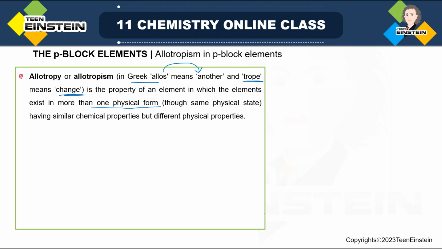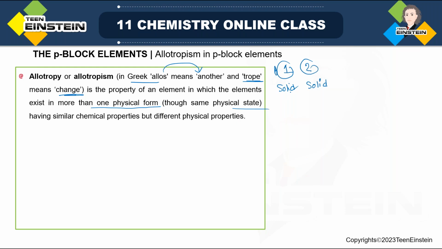Now when I'm saying physical form, it may be through the same physical state. Suppose both physical forms are in solid state. Allotrope 1, allotrope 2, this is solid, this is also solid. Let's take carbon as an example, which is the first element of group 14.